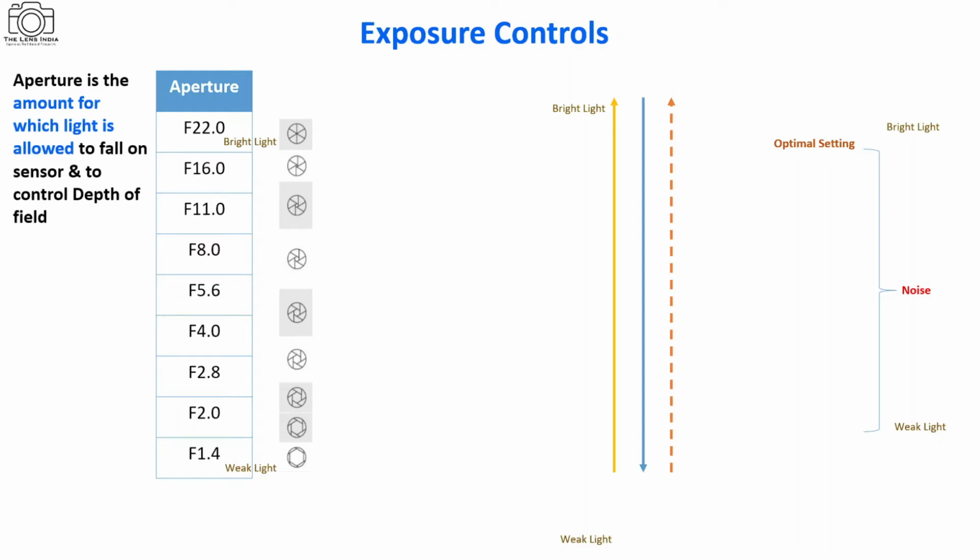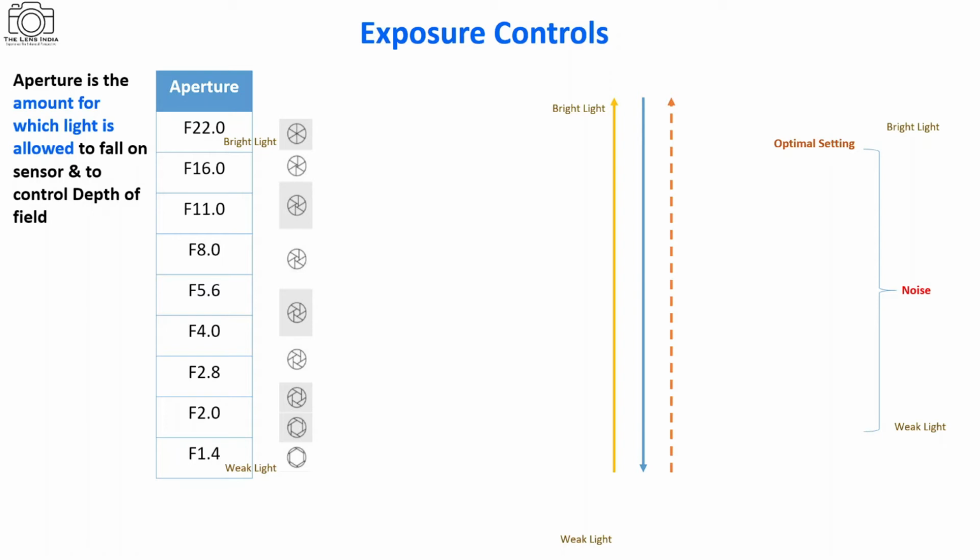So as I mentioned, aperture basically controls the amount of light which is allowed to fall on the sensor, and another function the aperture allows us to do is to control the depth of field. Now, shortly, if you ask me what depth of field is, you might have heard the term bokeh, right?